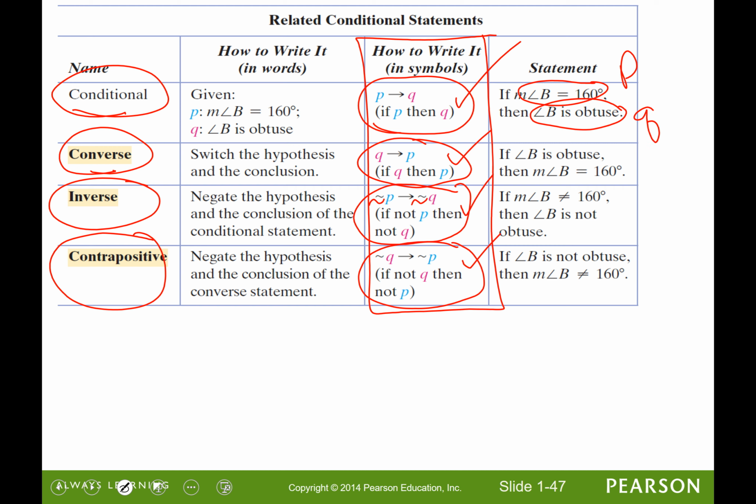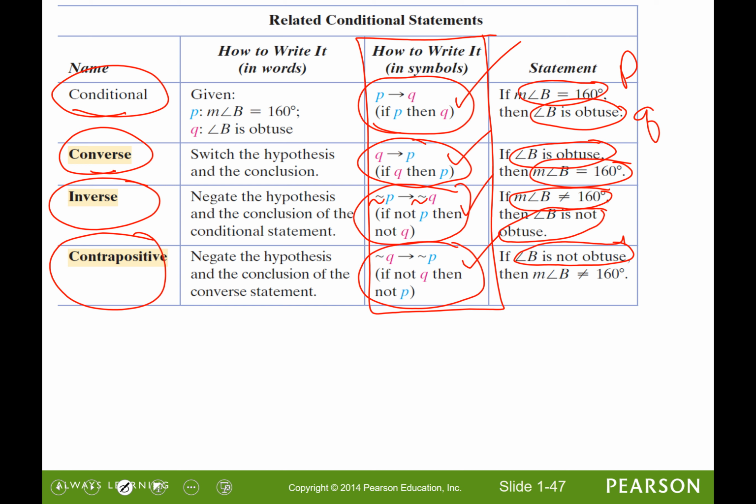So for the converse, we take Q and we take P. We say, if Q, then P. Check. For the inverse, we keep P where it's at, but we switch it to the negation, does not equal, and we leave Q where it's at, but we switch it to the negation, is not obtuse. Check. And last one, we take P and Q, we switch them and negate them.